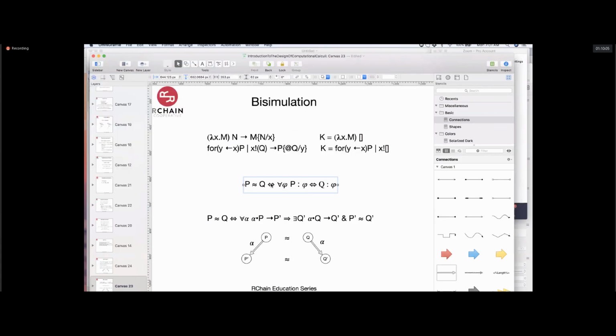And that's why I took that on: to show that bisimulation is not just for process calculi anymore. It's a much deeper idea.